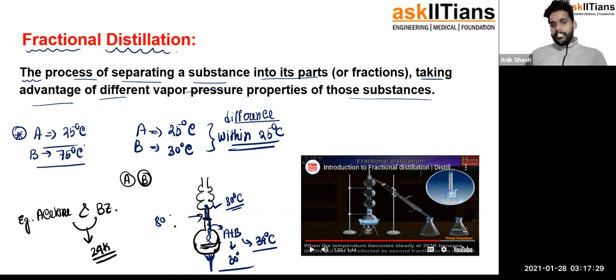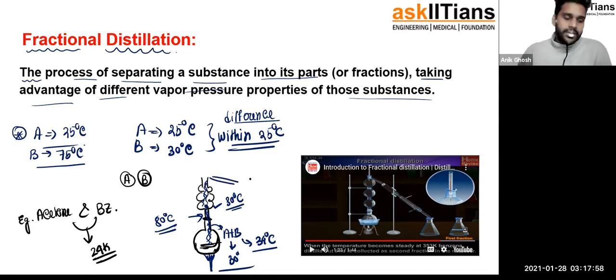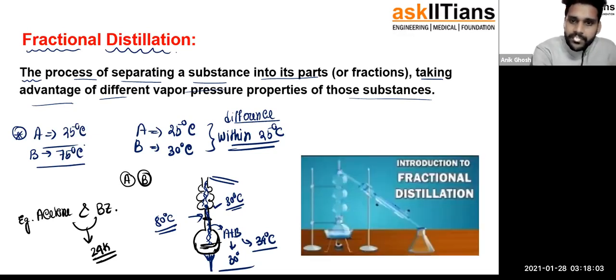After going up, A would become liquid, because the temperature is decreasing at that position. So A, having the lower boiling point, would again become liquid and fall into that beaker. And the element with the higher boiling point keeps going up through this fractionating column. In that way, they are getting separated. Fine.